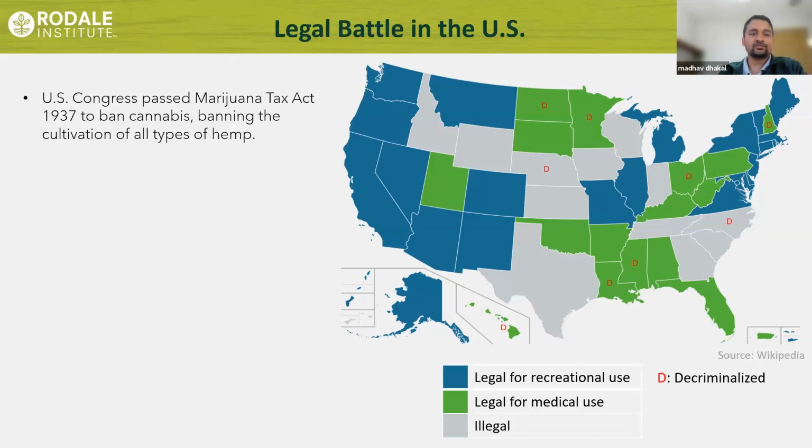What happened was that after 1937, after the Marijuana Tax Act, all types of hemp were banned across the country.